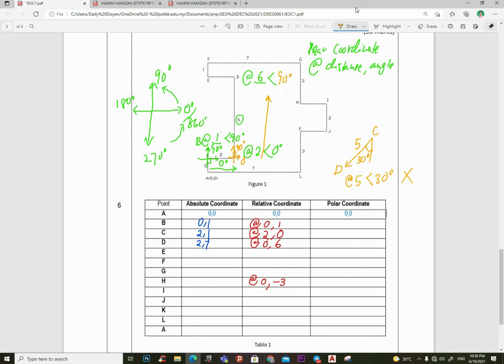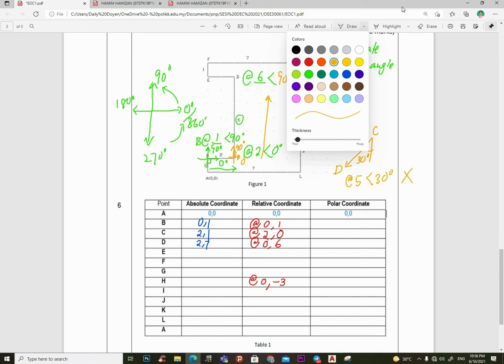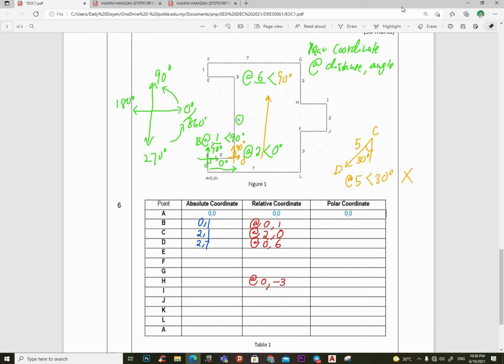So you have to draw the position of the angle at the starting point of your line, which is C. So you have to draw the position of the angle here, and don't change its position. It must be starting from 0 anti-clockwise. So this is 30 degrees. 90 minus 30 degrees equal to 60.